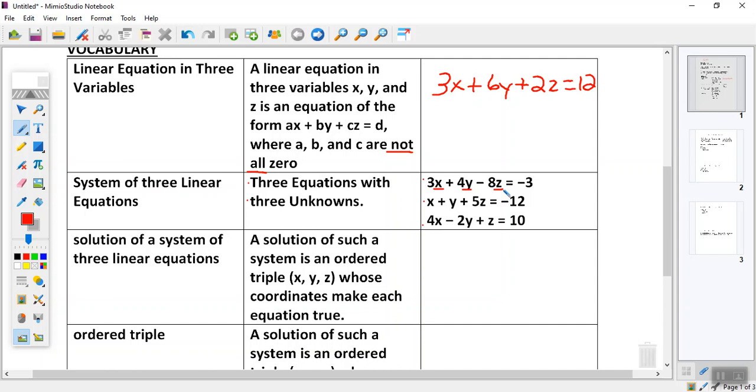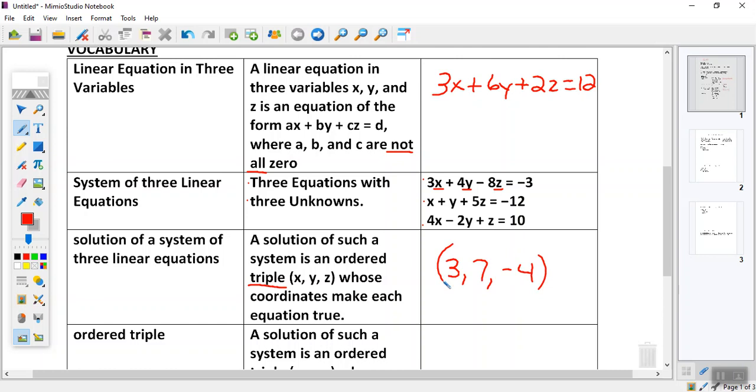Guys, like I wrote 6 comma 15 at the very top, that would represent an x comma y coordinate. So today our solution of a system of 3 linear equations is going to be an ordered, not pair anymore, but an ordered triple. So when I write an answer, I might write 3 comma 7 comma negative 4. This would indicate that the x value is what, kids?